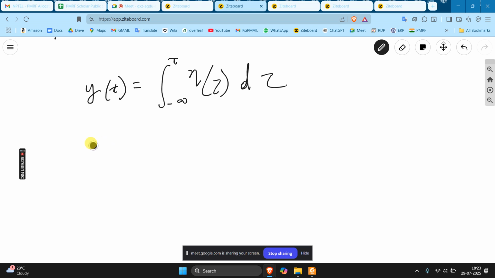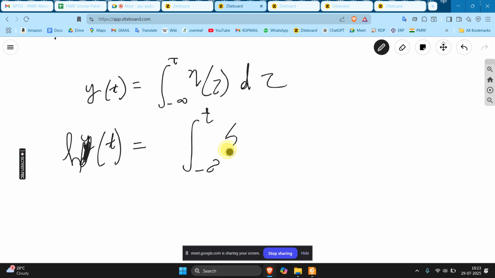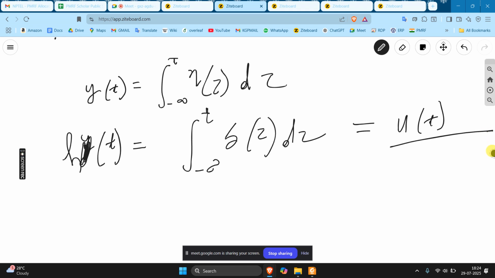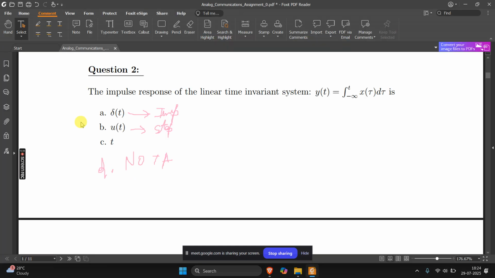Now what is the impulse response? The impulse response is y(t) when x(t) is delta(t), right? So h(t) is just you put delta in. This is the impulse response. And the integration of impulse, we know from general knowledge, is the step function. So the answer is step function. Okay, so the correct answer is option B.